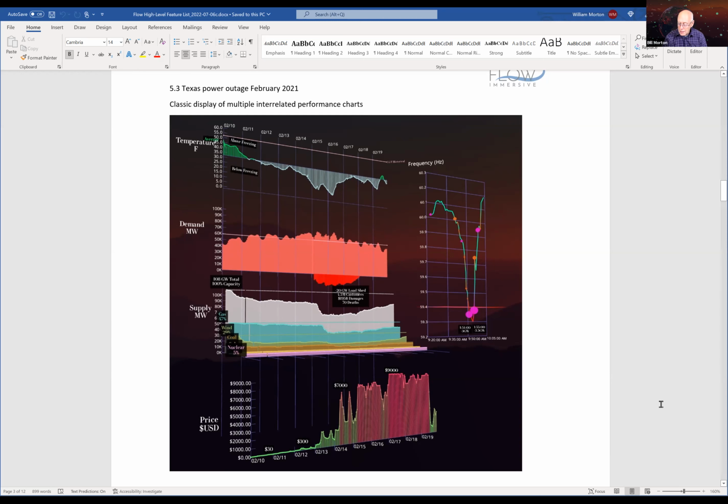In Flow, you can have any number of charts on a step, and those charts can be similarly constructed, like this chart for temperature, power demand, power supply, and price. Or you could have maps on here. Any combination of flow data objects can go onto a step.